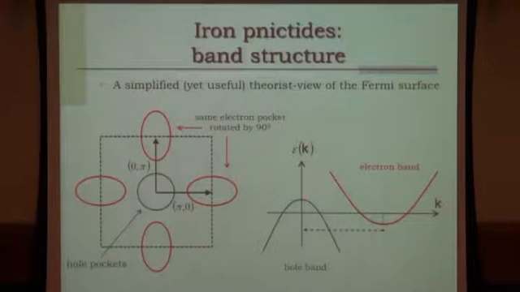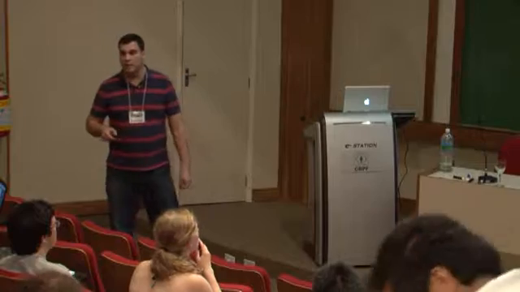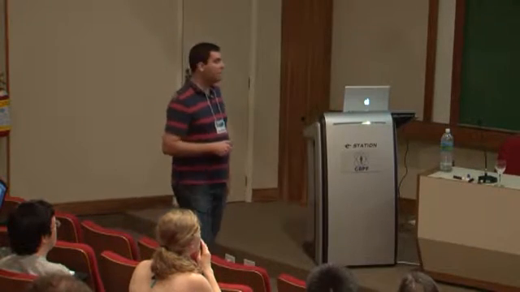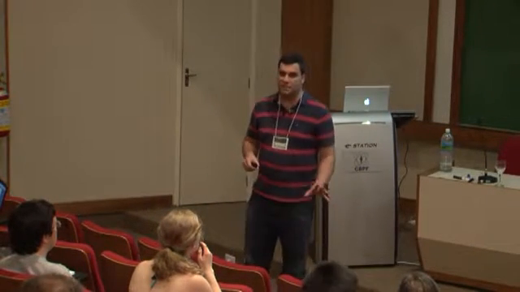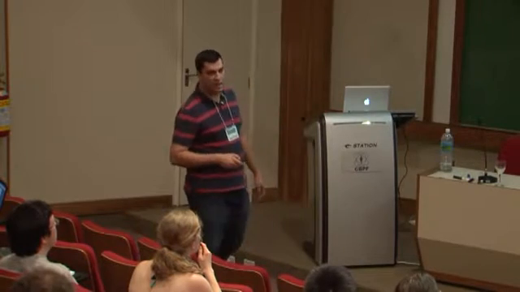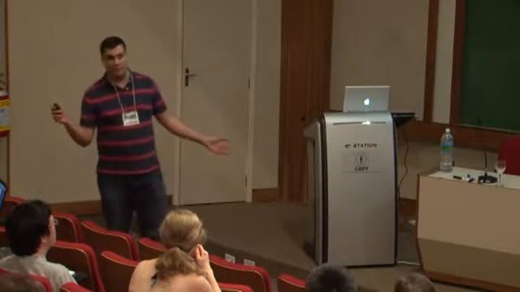These are these pockets here. And displaced by (pi, 0) and (0, pi), we have an electron band here. Okay? This has to be C4 symmetric. These do not need to be because they are on the edges of the Brillouin zone. And this is, I argue, a minimal model if you want to start understanding these materials. Okay? And again, if you have questions, just ask.